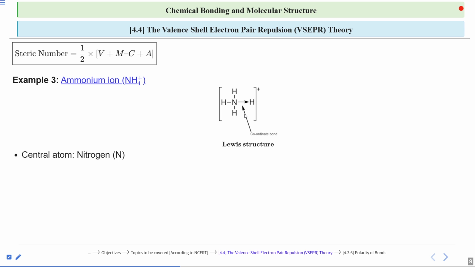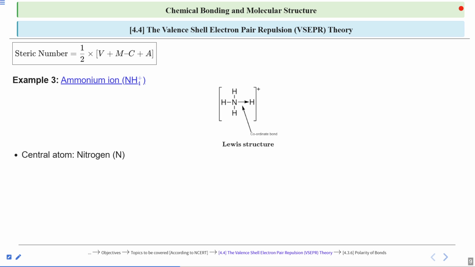Now remember, what is the steric number of CO2? It was 2. Now why was it 2? There were 4 bonds in it. To counter that fact, we should remember that a double bond is considered as a single bond. Therefore, in the case of CO2, although there were 4 bonds, 2 of them were double. So we considered them as single, and hence we got the steric number as 2.